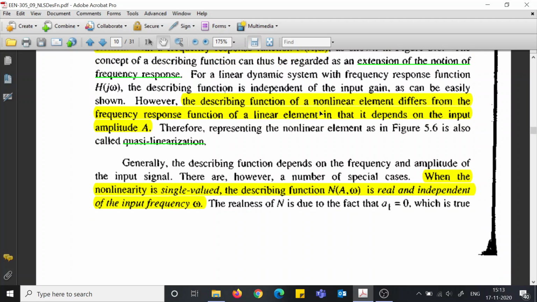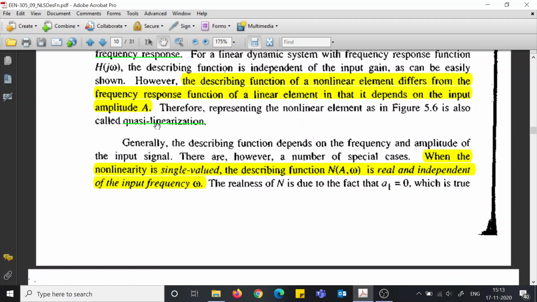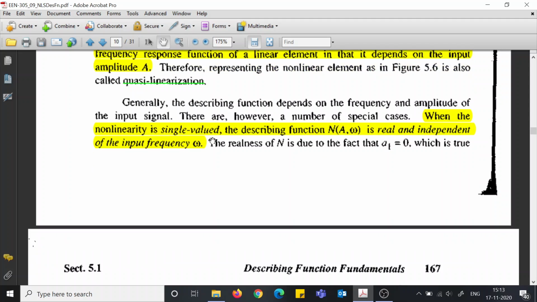But it differs in that the describing function here also depends on the input amplitude A. So the gain is also dependent on the input amplitude A. In the linear case, the gain was not dependent on the input amplitude. That is why it is called quasi-linearization.